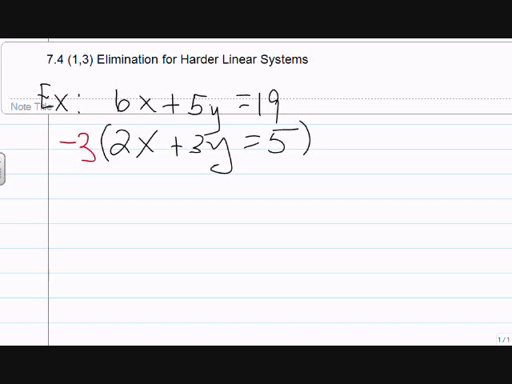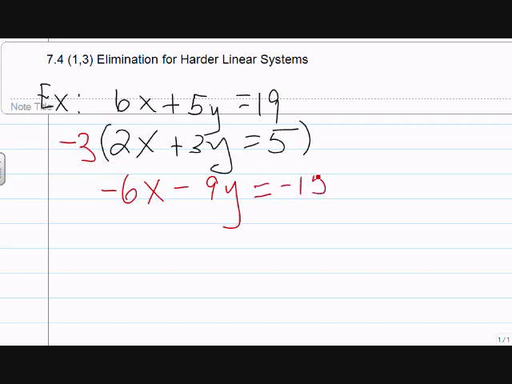If I do that, then this second equation becomes -3 times 2x is -6x. -3 times positive 3y, negative times positive is negative, 3 times 3 is 9y. -3 times 5 is -15.